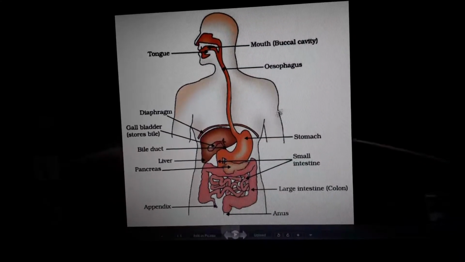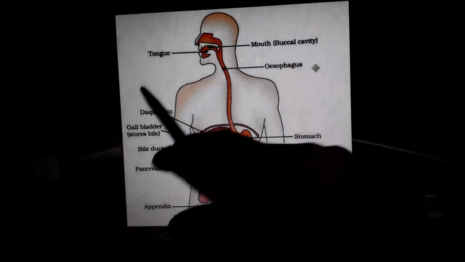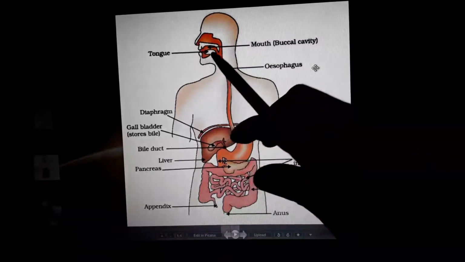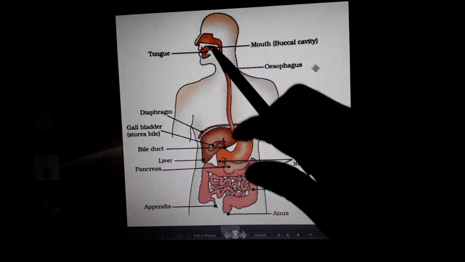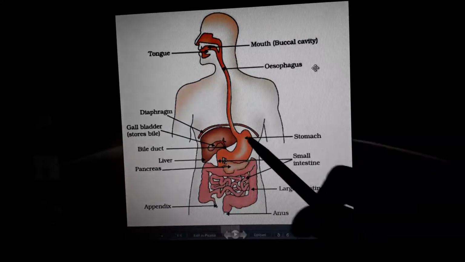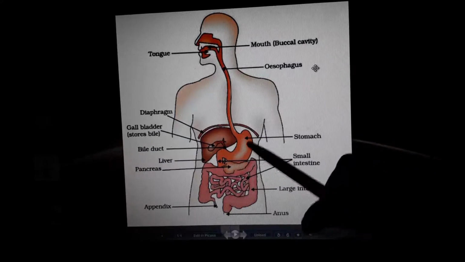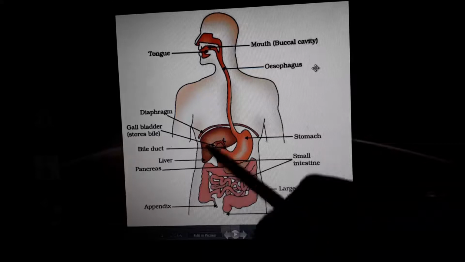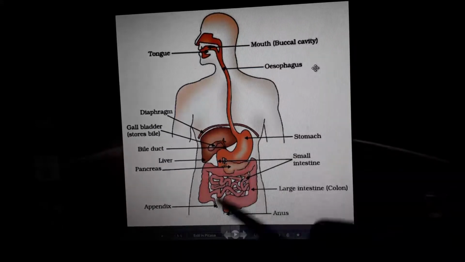Okay, that's it, my kids. The next day we will study each and every part in detail. What is the function of the tongue, tooth, mouth, salivary gland, esophagus, stomach, and the three liquids inside our stomach, and also the liver. Two secretions are coming from the liver.